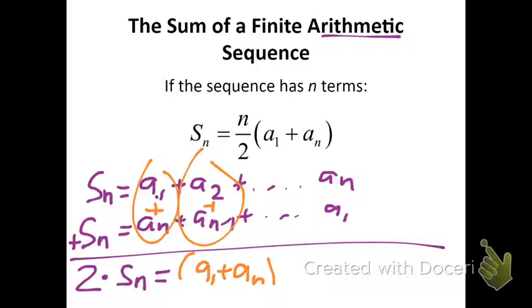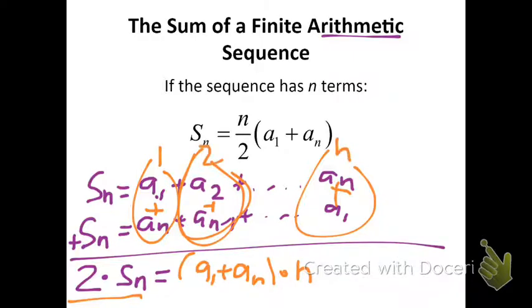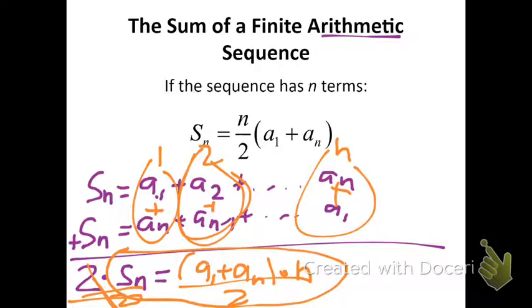Just like 1 plus 101 is equal to 2 plus 99, all of these sums are going to equal each other. And there's n of them, because you're grouping these together, it's twice the sum, so 1, 2, all the way to n terms. If we take this formula and divide both sides by 2 to get the sum, we get the sum is equal to the first term plus the last term times n over 2. And that's the formula right there.